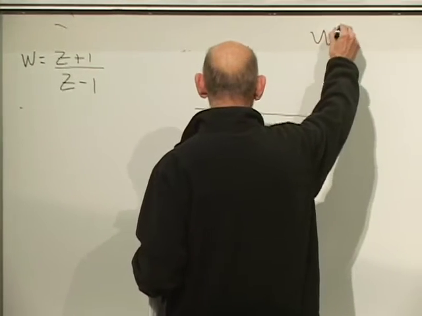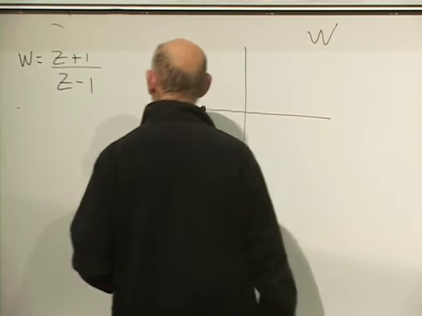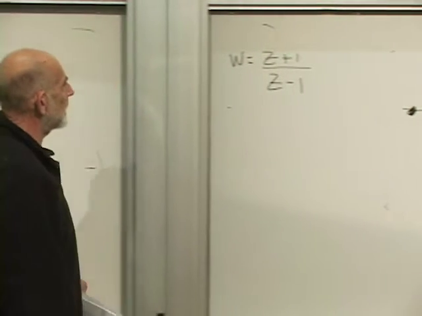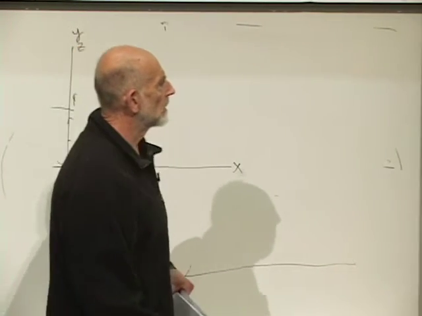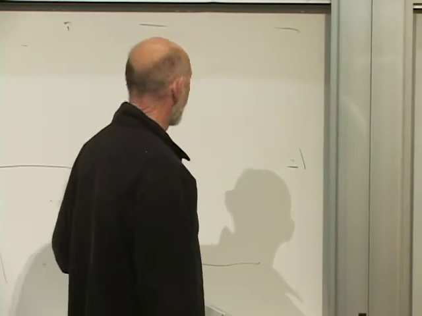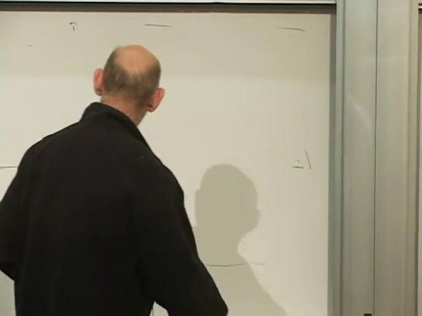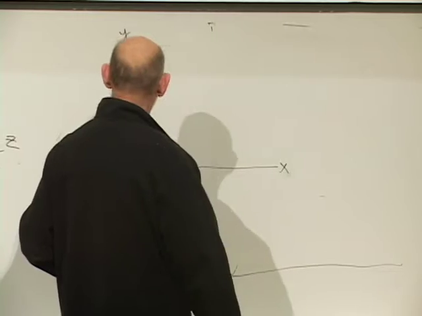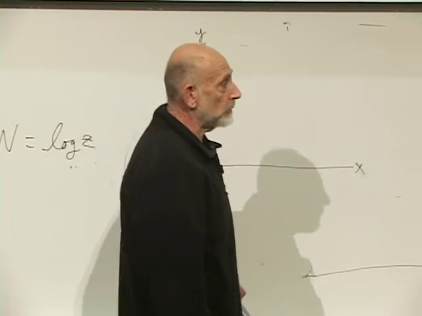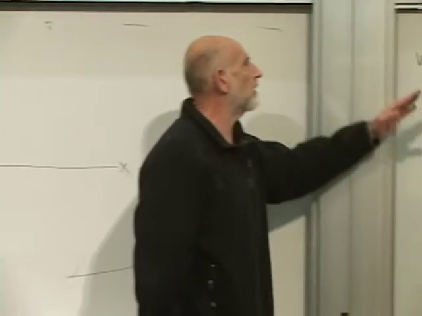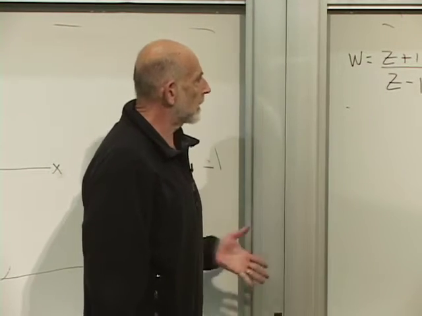When Z is equal to 0, W goes to minus 1. Here's the W plane. How about when Z is equal to infinity, way out here? W goes to plus 1. When Z is very, very large, it goes to plus 1.